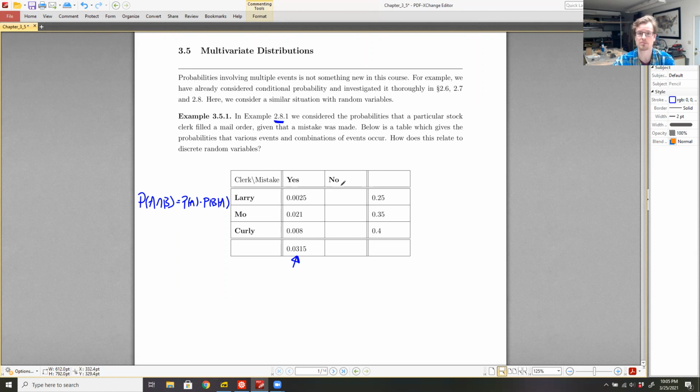So this probability plus this probability should give us the probability that Larry actually filled the order. So we can fill this entire table in using that idea. So Bayes' theorem got us that number there. And then we can essentially use Bayes' theorem again to fill in this number here.